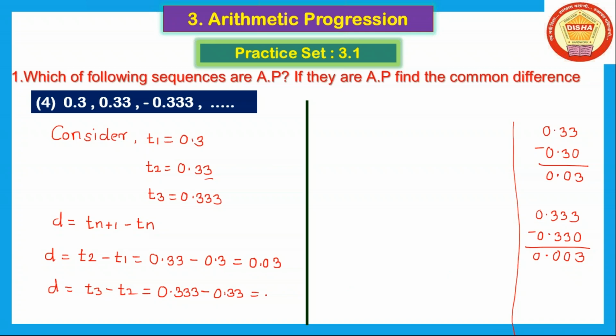Means the difference between the next two consecutive terms is 0.003. See, the first difference is 0.03. Second common difference here is 0.003. Means in the given example, the difference between two consecutive terms is not constant.